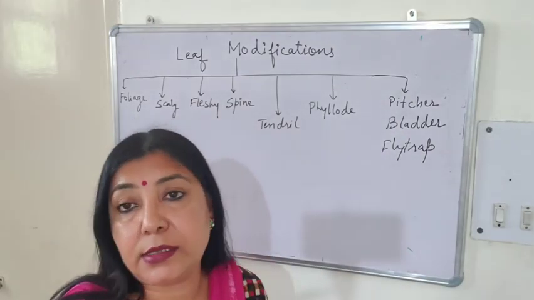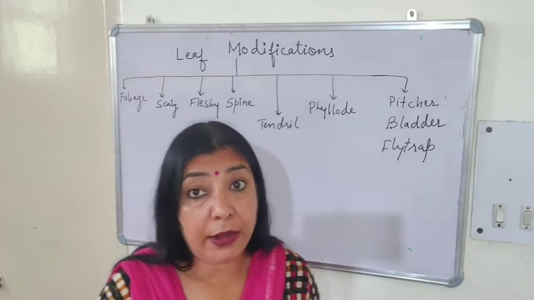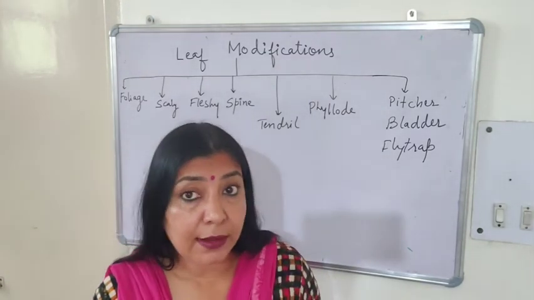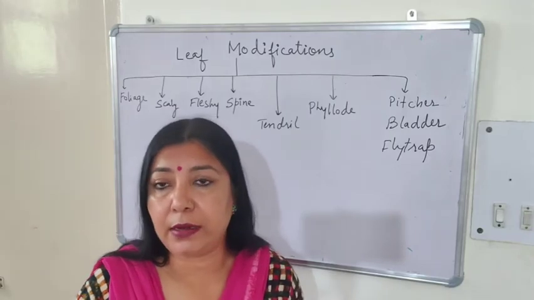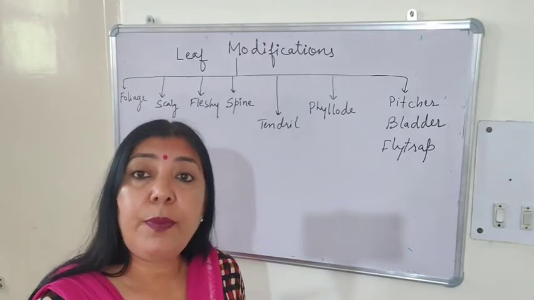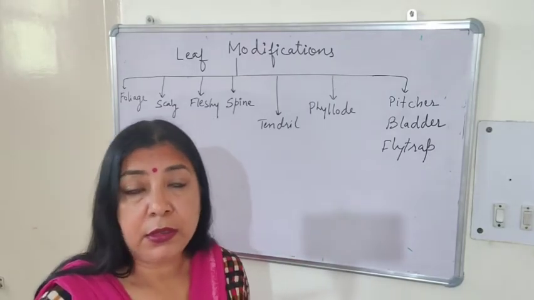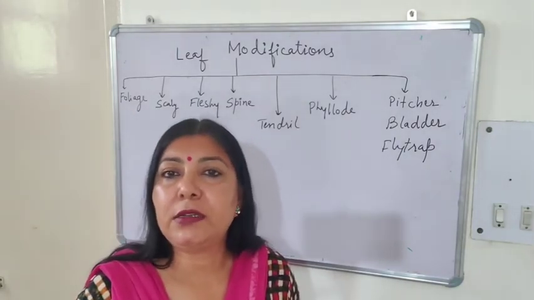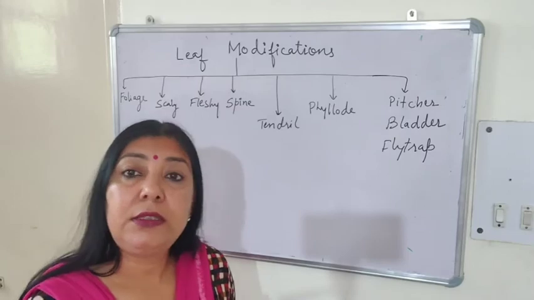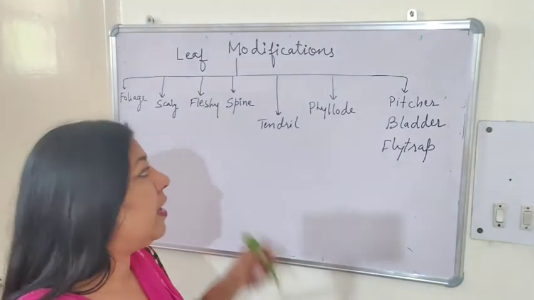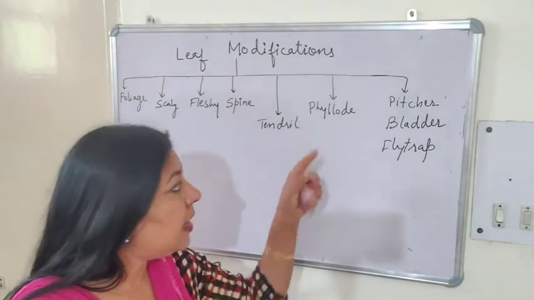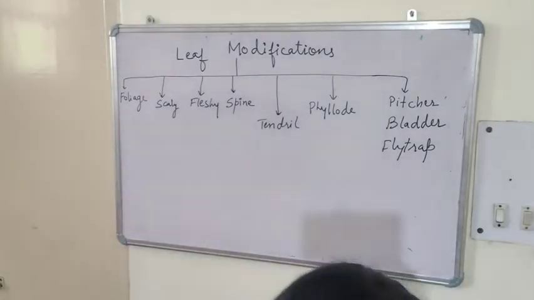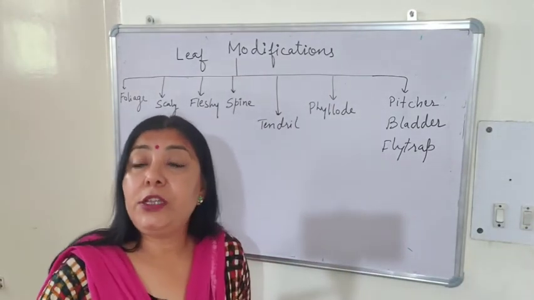Next are the tendrils. Right now I don't have any leaf tendril. I showed you the stem tendrils in case of grapevine. But in case of pea plant, matar, there the leaves are modified into spring-like structure and that is a leaf tendril, modification of leaf. Next are the phyllodes. Phyllodes are the flattened petiole.